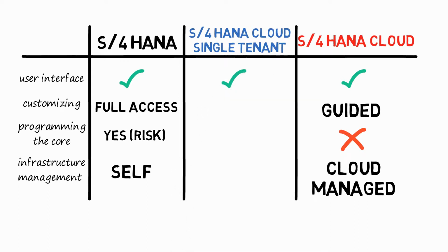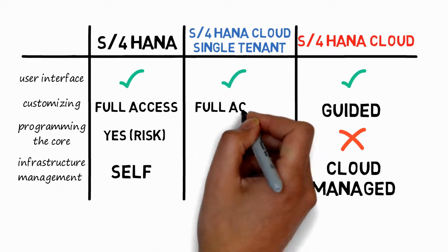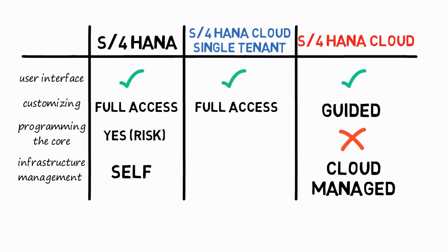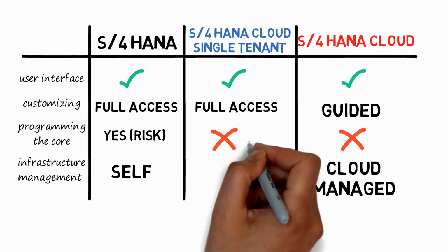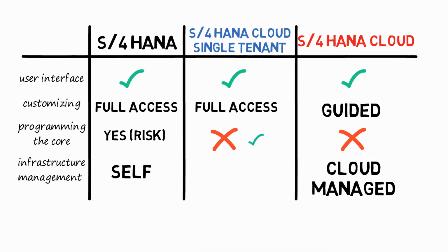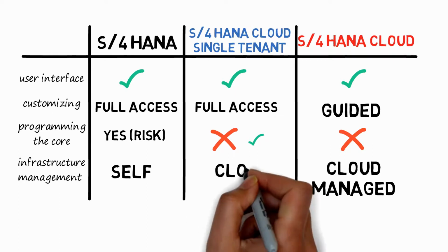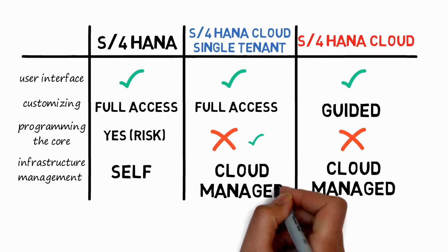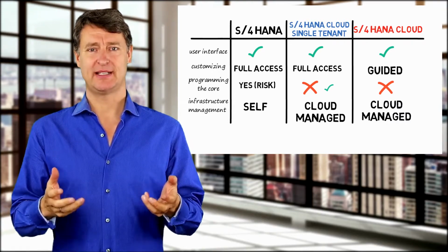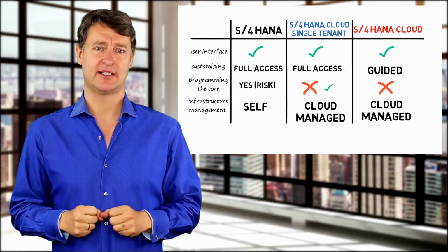You can create your own apps. It has full access to customizing, so you have more capabilities than the multi-tenant version. You have a limited core programming capability, so you should not touch the core programming, but in an exceptional situation you could have access to the core programming, and you have no access to the management of the infrastructure and the software.